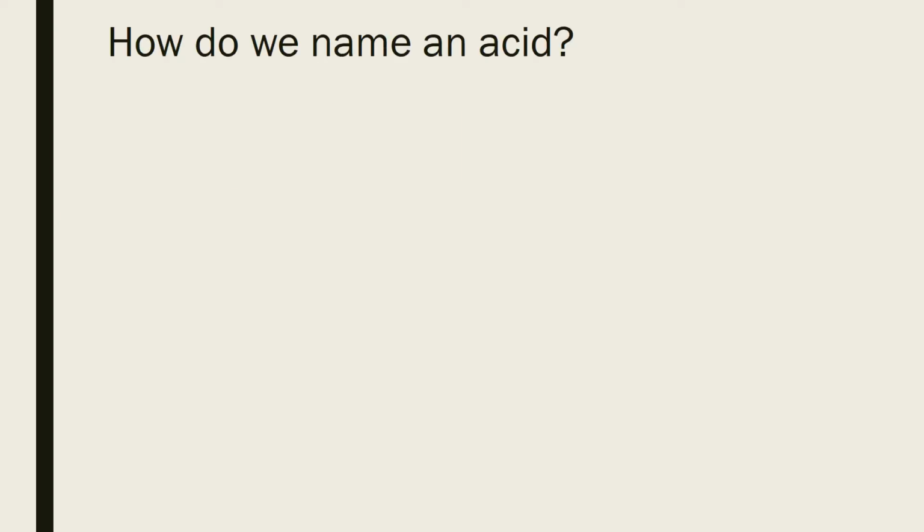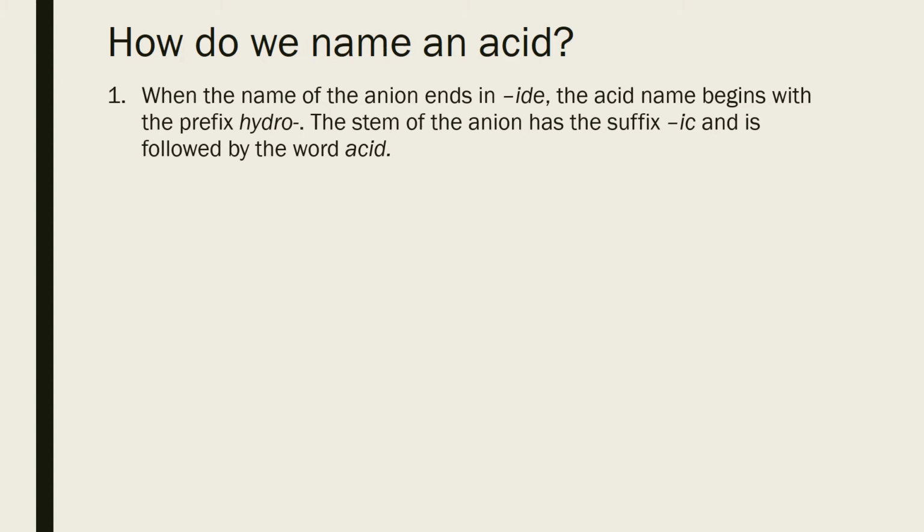So given a formula for an acid, how do we actually go about naming it? There are three situations involved with naming acids. The first one involves anions whose endings are IDE, so they're monatomic, not polyatomic ions. The acid name would then begin with hydro, and the stem has a suffix ic, and then we end it with the word acid.